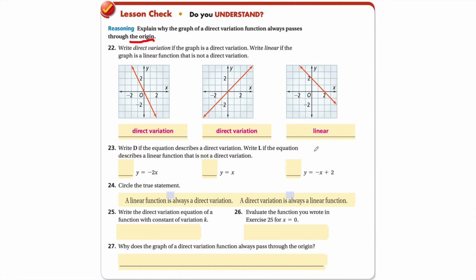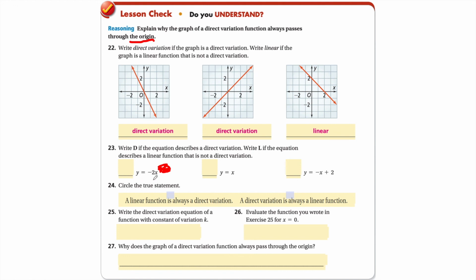However, a direct variation must always pass through the origin, like I said in the beginning portion, which means that the y-intercept for any sort of direct variation is going to be 0. And what happens when you add 0? Well, it doesn't change anything. And since it doesn't change anything, we don't have to worry about writing it.